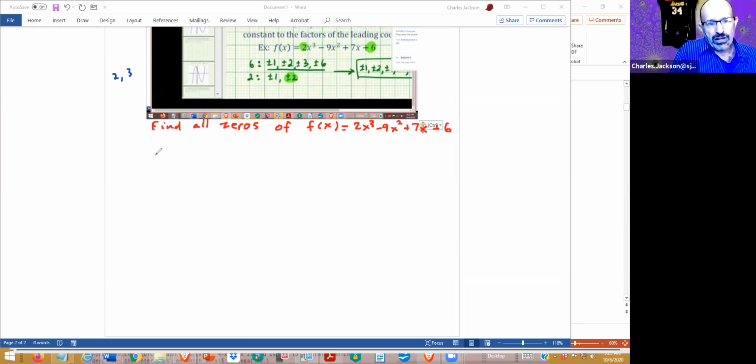Okay. Well, if 2 is a 0, x minus 2 is a factor, so we're going to divide by x minus 2. Of course, we're going to do it synthetically.